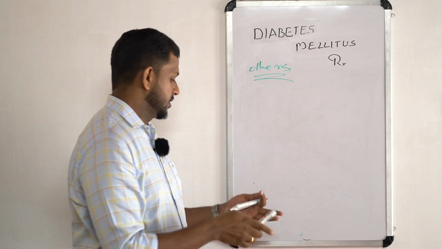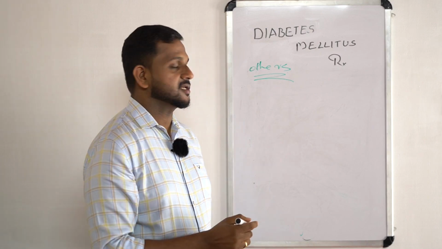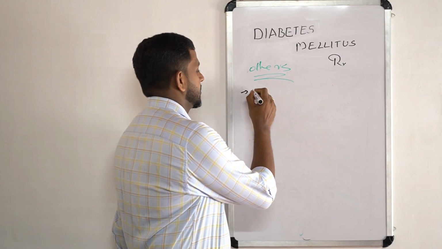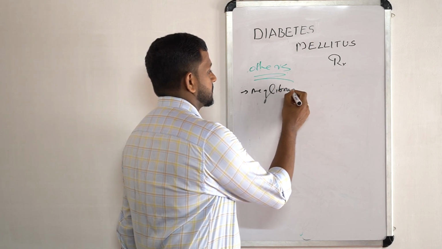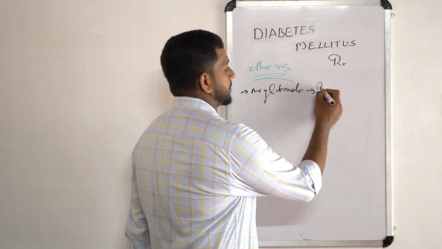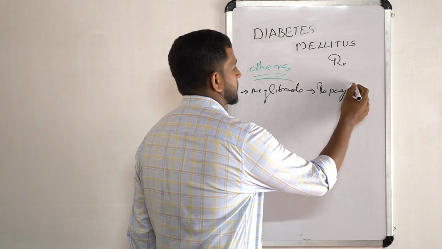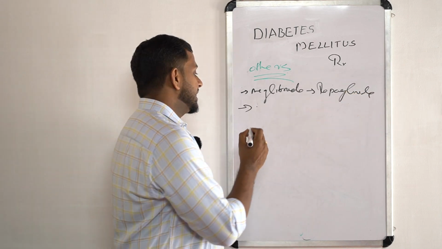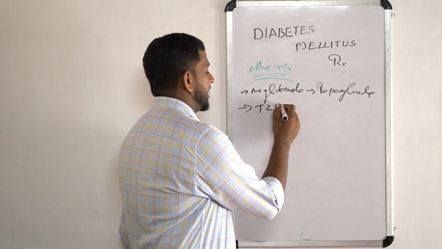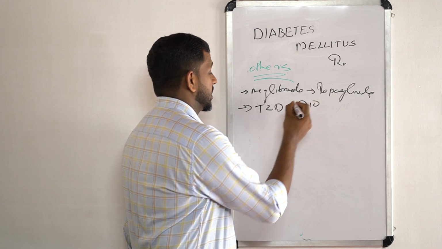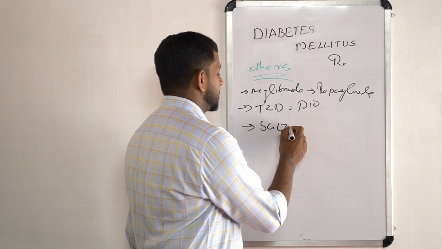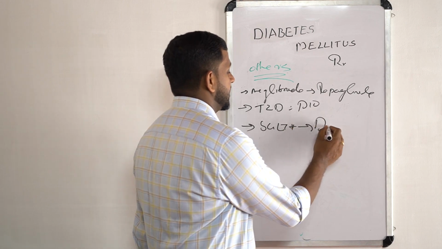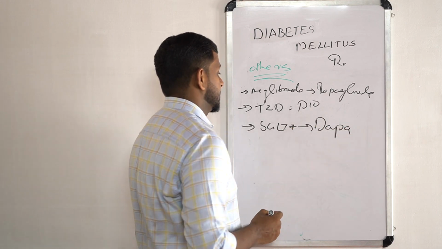We will go to other categories. Which are the other categories of OHA? One is meglitinides, like repaglinide. Then it is thiazolidinediones, mainly pioglitazone. Now we have SGLT2 inhibitors, mainly dapagliflozin.